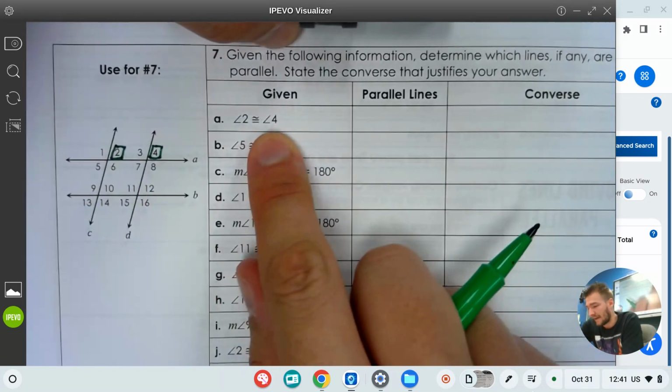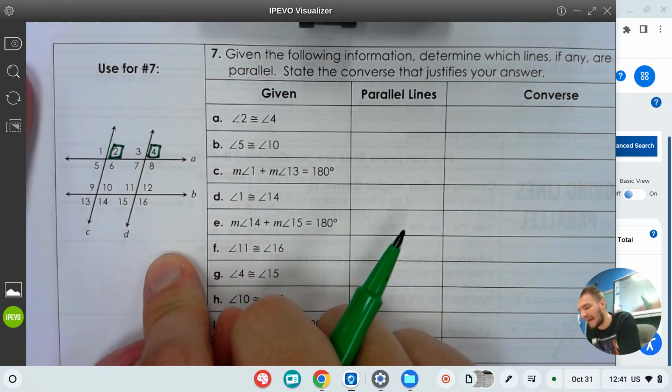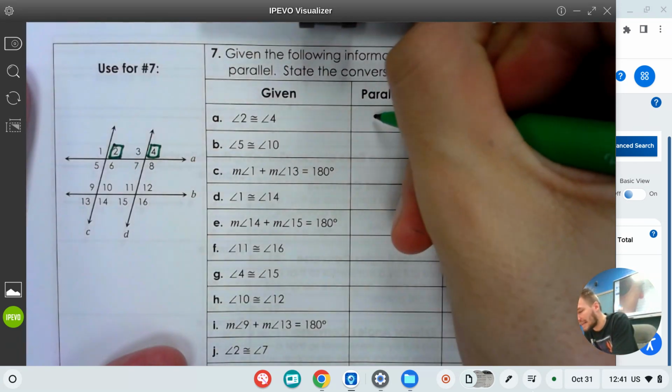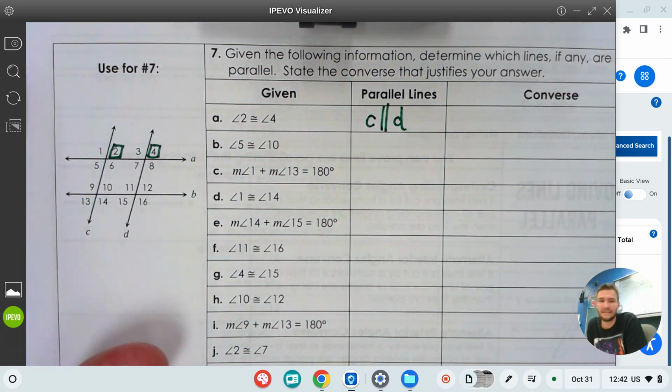And so if angle 2 and angle 4 are the same angle, which two lines can we guarantee are parallel?